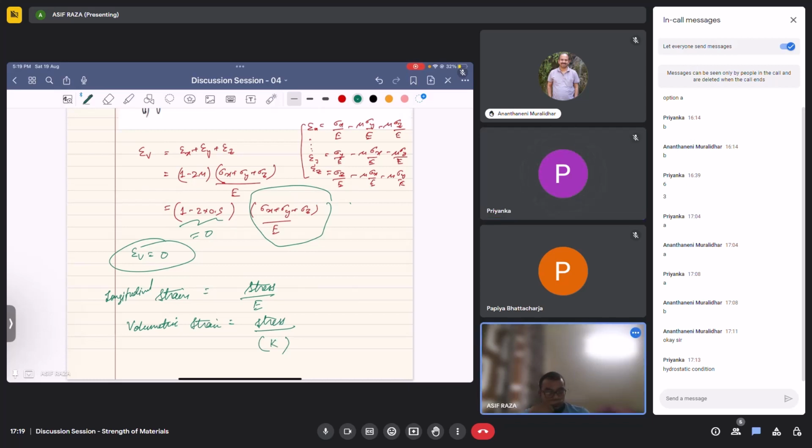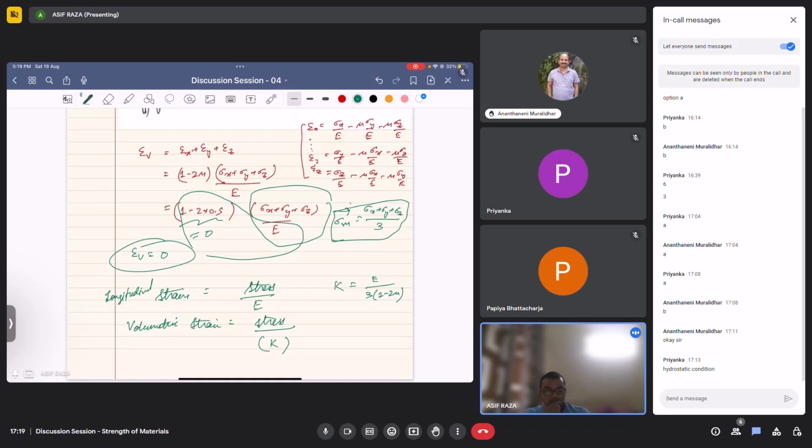Bulk modulus. Yes. So if you see this expression itself, bulk modulus is not exactly this, it's actually E by 3 times (1 minus 2 mu). Sigma x plus sigma y plus sigma z by 3 is converted into sigma m.